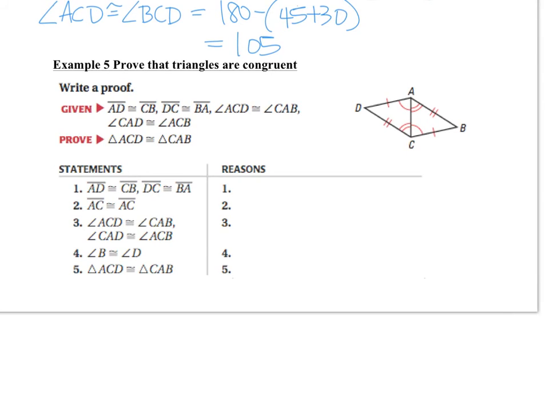Okay, doing a little proof. We have AD congruent to CB, DC congruent to BA, that's given. You can see that in our first line up there. AC congruent to itself, that's the reflexive property. ACD, CAD, those are in the given line.